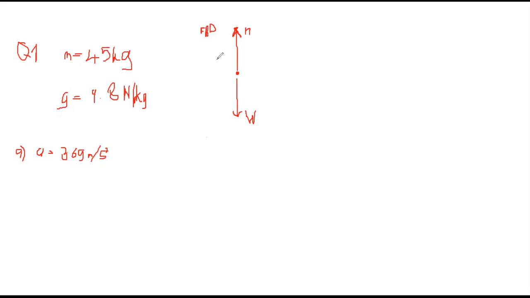So the first thing we need to do is go back to those notes I was sharing. The first law of motion says an object at rest or in uniform motion will continue in its state until compelled to change by a net external force. The net force is the vector sum of all external forces. So in this case, we're going to take the vector sum of all these external forces. And we only have two external forces because this woman is in an elevator, which is either moving up or down.